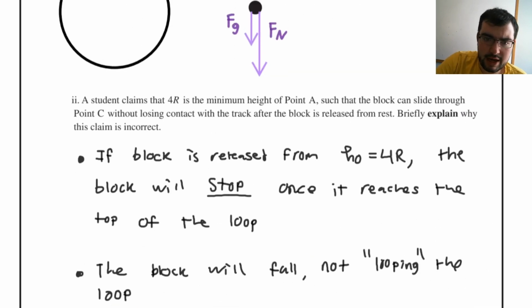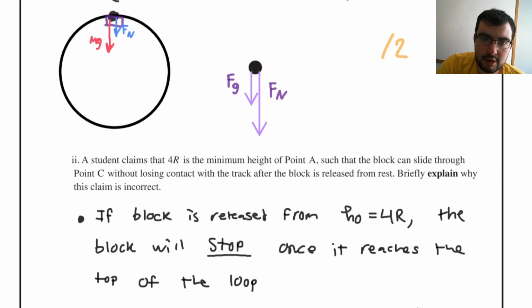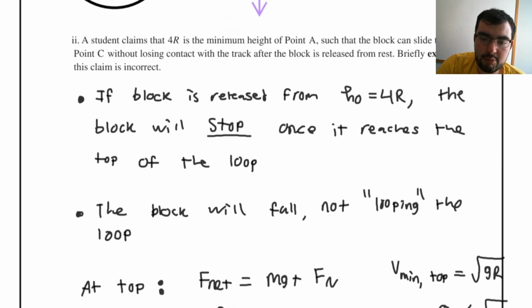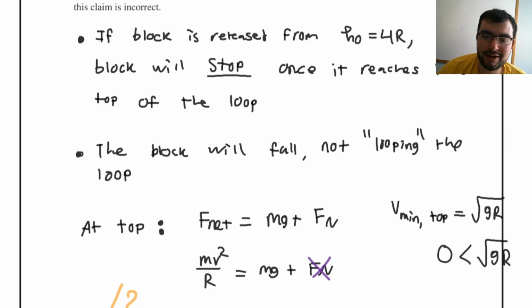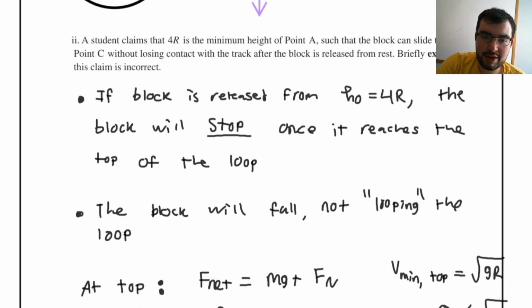So again, it's going to depend on the explanation. You probably get a point for indicating some reasoning as to why the block needs more velocity to loop the loop.